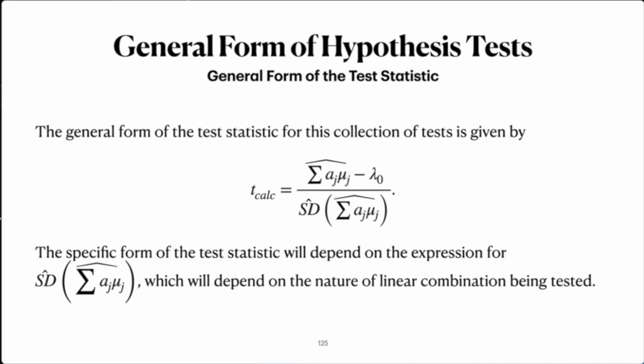The denominator is the estimated standard error of the estimate of the linear combination. Now, this is the general form for the test statistic. The specific form will depend on the expression for the estimated standard deviation of the estimate of the linear combination, which will depend on the nature of the linear combination about which we're testing a hypothesis.